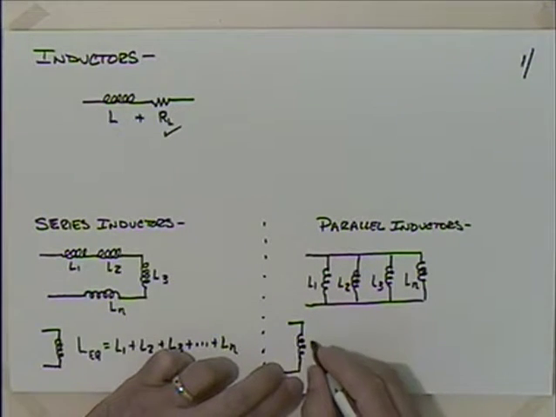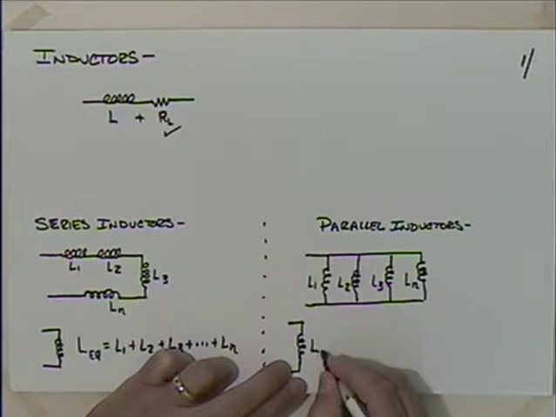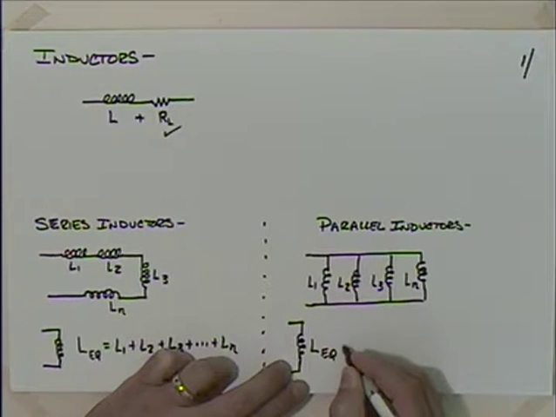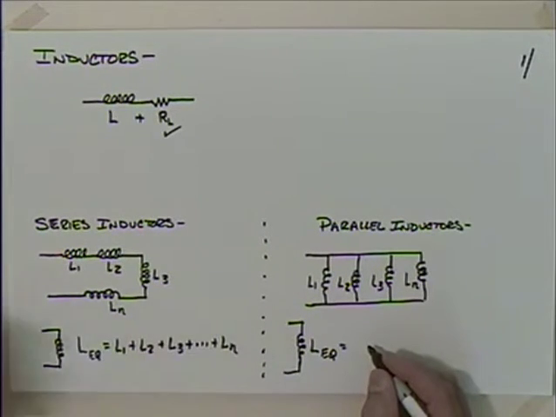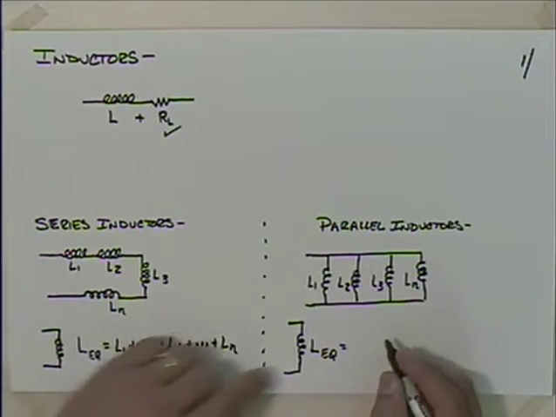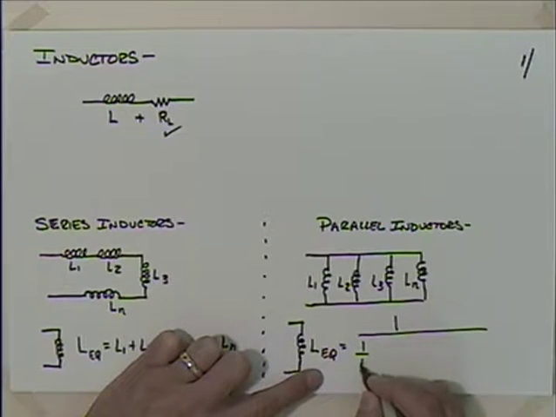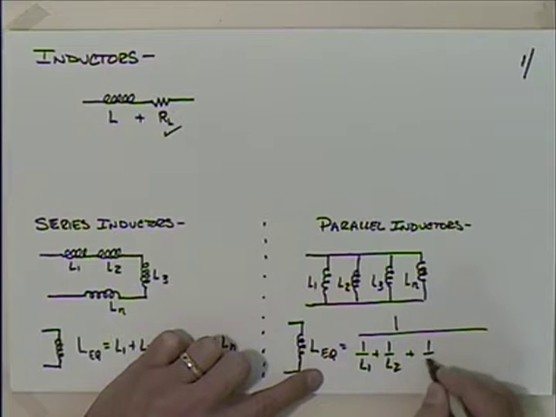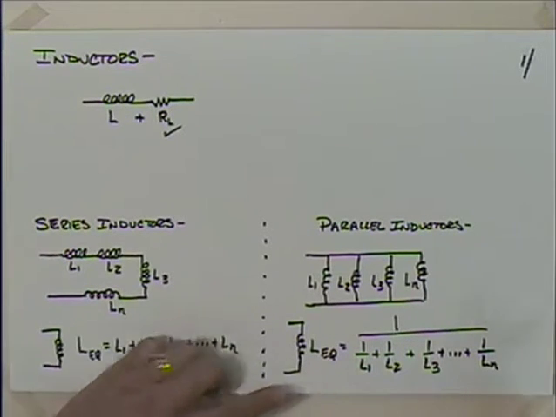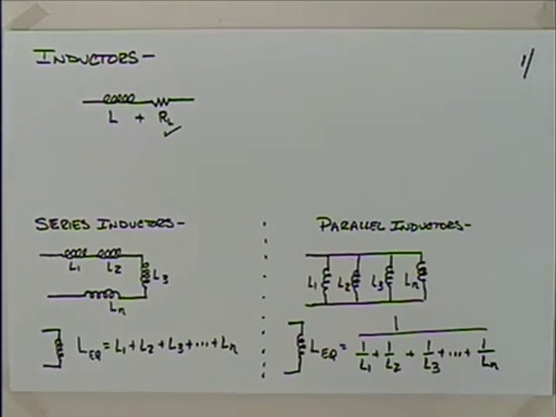So now if I look at the equivalent inductance here, that's going to be equal to, we'll do this just like we do resistors, 1 over L1 plus 1 over L2 plus 1 over L3 plus 1 over Ln, or the inverse of the sum of the inverses.